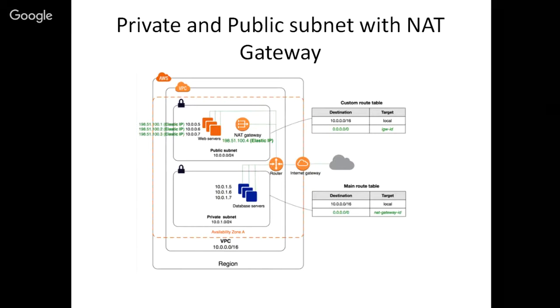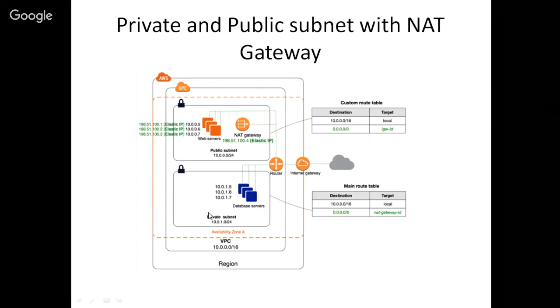In this figure they have launched one NAT gateway in your public subnet, and now see the change in the routing table. Instances in your private subnet direct the traffic to the NAT gateway ID, and the NAT gateway directs the traffic to your internet gateway.